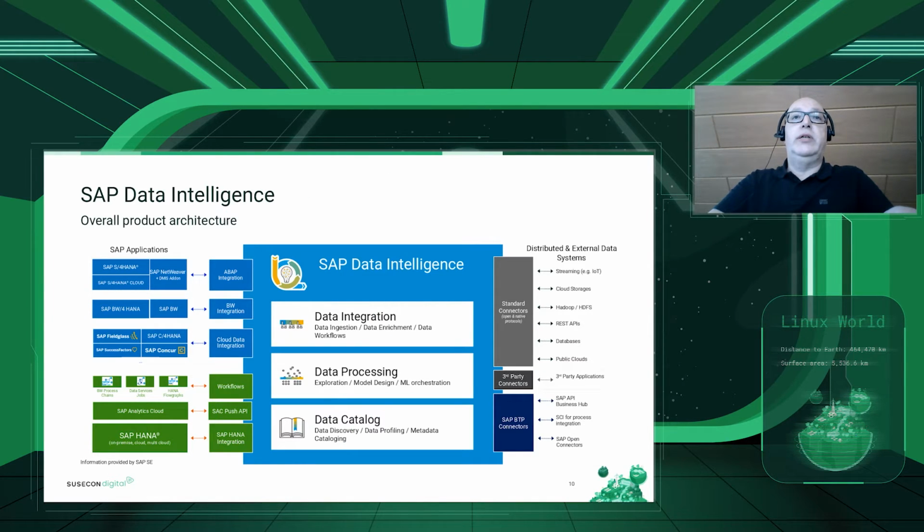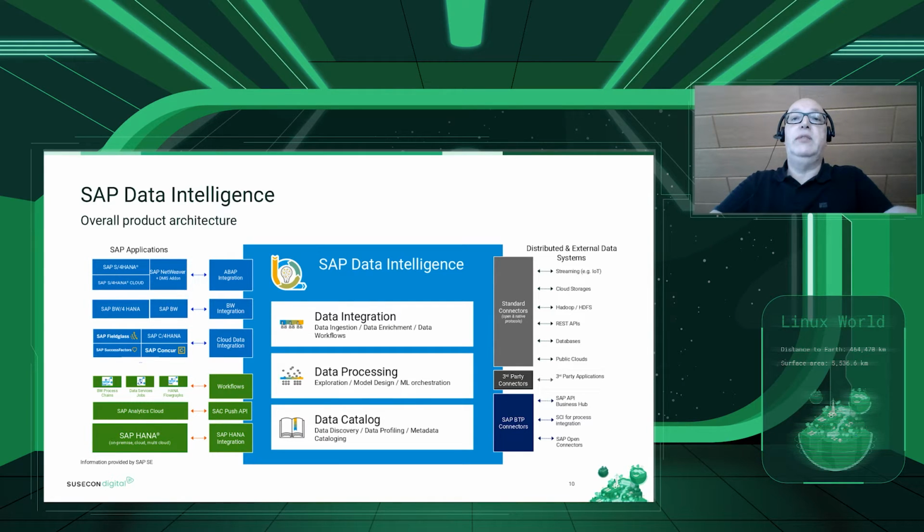So Data Intelligence can be viewed as a kind of hub connecting the data from external data sources to more internal data sources like the SAP HANA databases running in the company, or to the warehouses, and so on. You can use SAP Data Intelligence for data integration, as said, from different data sources.